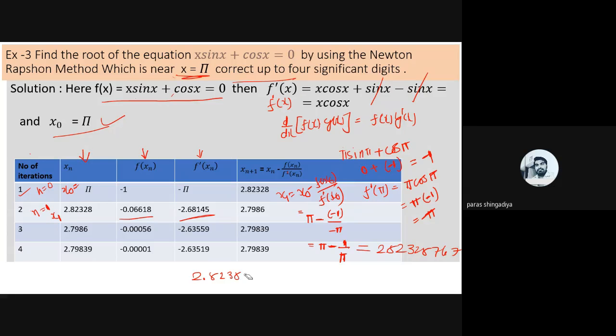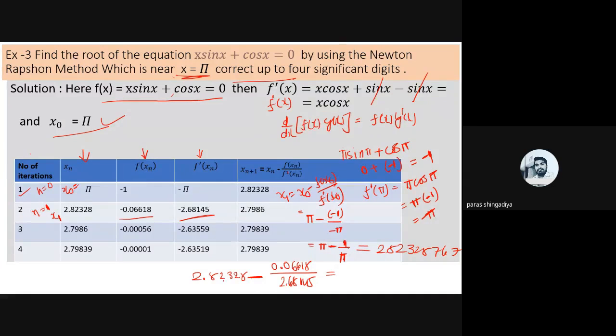2.82328, that is x1, minus f of x1, that is minus 0.06618, divided by f dash of x1, that is minus 2.68145. Three negative signs exist here, so the remaining sign will be negative. Just remove all three negative signs here, and consider the negative as the final one.